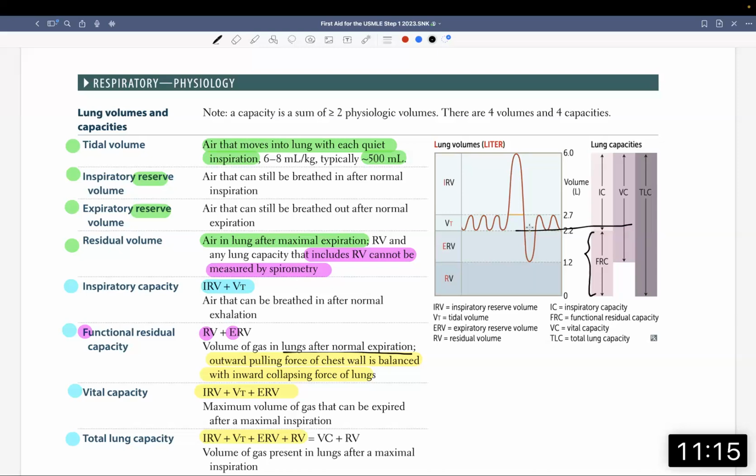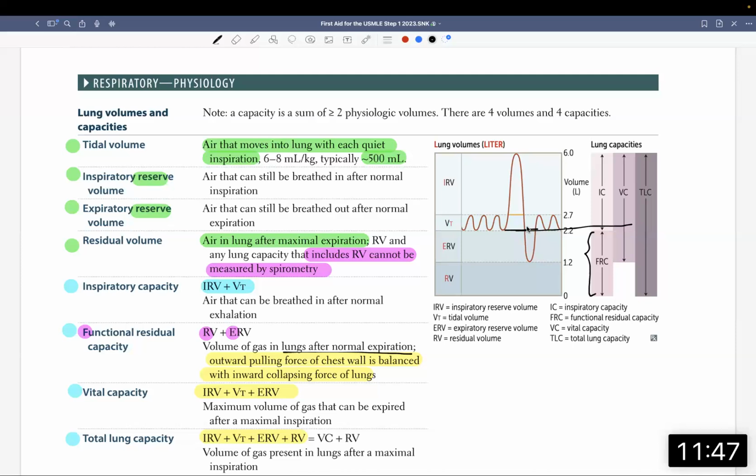So at the FRC point, tidal volume is finished, full inspiration has happened, full expiration also has happened. So at this point the pulmonary resistance is less because think about it, the residual volume will not be exchanged anyway. That air is never going to exchange.